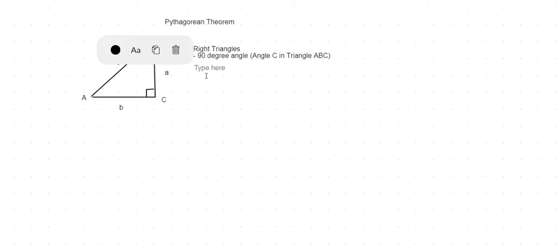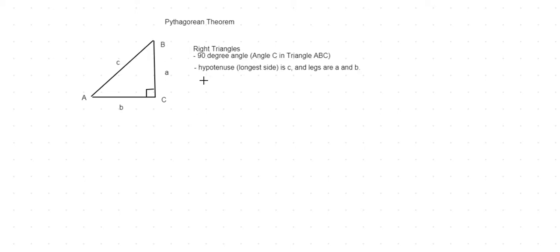And that basically points out that the hypotenuse, which is the longest side, is c, and the legs, the other two sides of the triangle, are a and b.